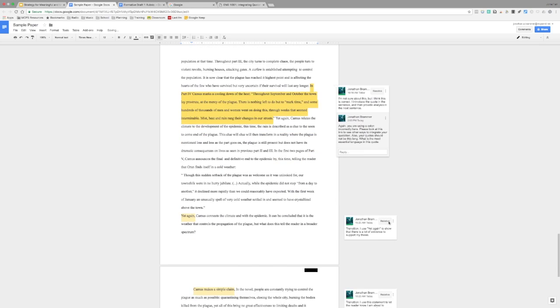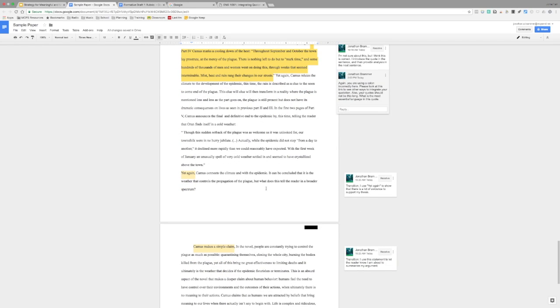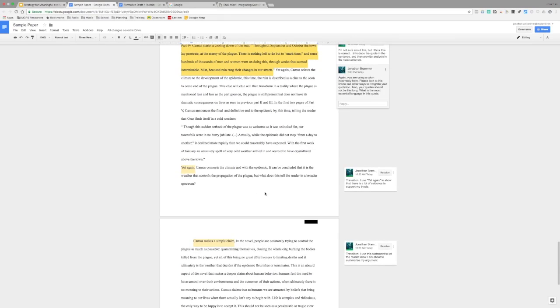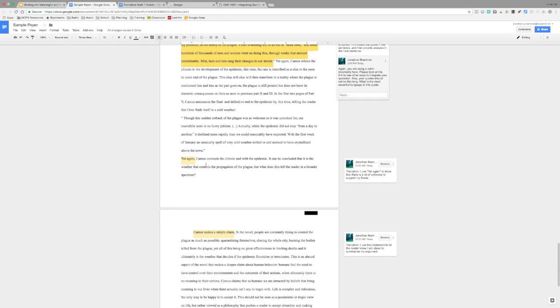And then finally, looking at transitions again, he does a pretty good job using the transitions and explaining why he used them. One thing I would say is revisit your paragraph structure.